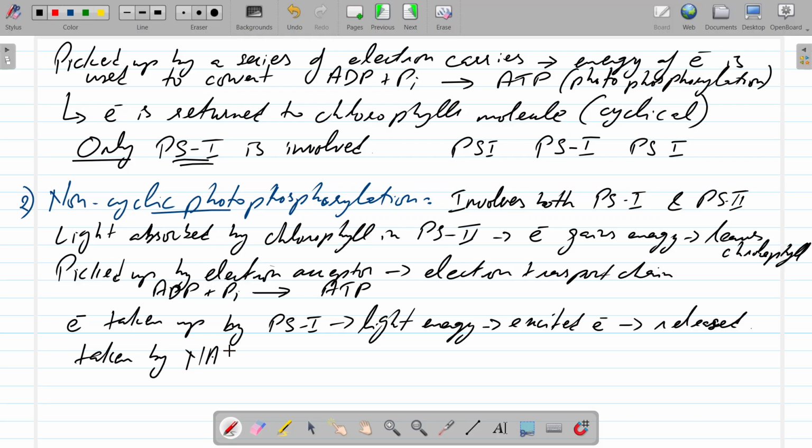Now does NADP look and sound familiar? We've come across NAD and FAD, nicotinamide adenine dinucleotide and flavin adenine dinucleotide, in respiration. Well, this is of the same family. It's NADP: nicotinamide adenine dinucleotide.